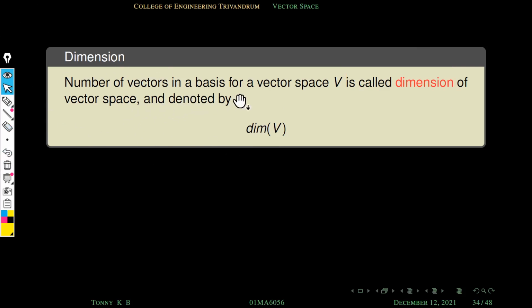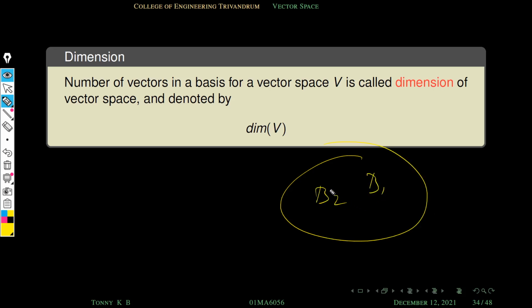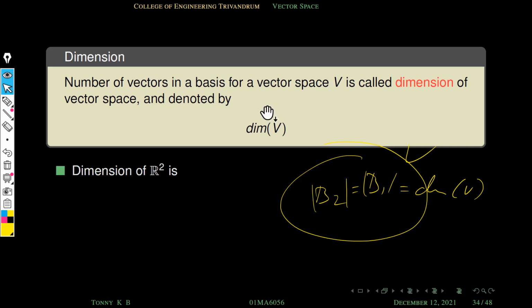The number of vectors in a basis for a vector space V is called the dimension of the vector space and is denoted by dim V. You got it? So whatever the basis for a vector space, the number of elements is always the same, and that number is defined as the dimension of V. Clear? So this is the definition of dimension. So what about the dimension of R square?